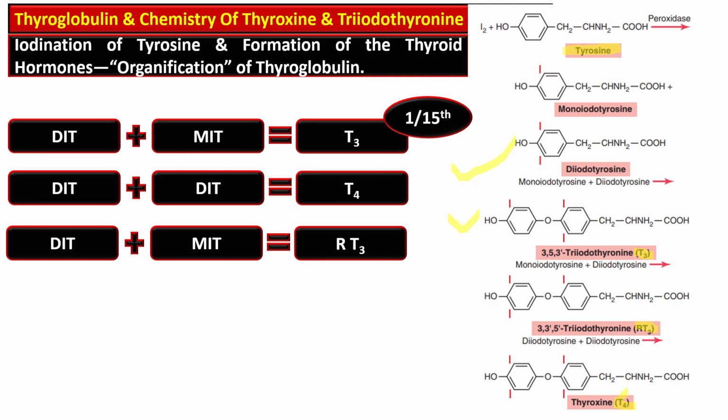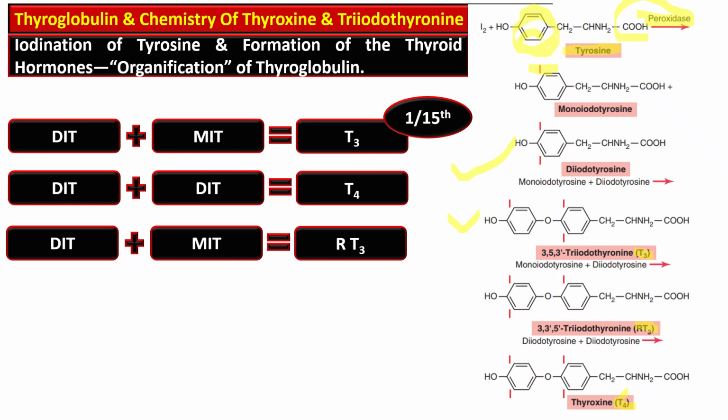The tyrosine, that is the base amino acid structure, contains a phenol ring, and the enzyme peroxidase activates the iodine. Monoiodotyrosine is formed by attaching one iodine to the tyrosine, so the result is iodine at one position in the phenol ring.